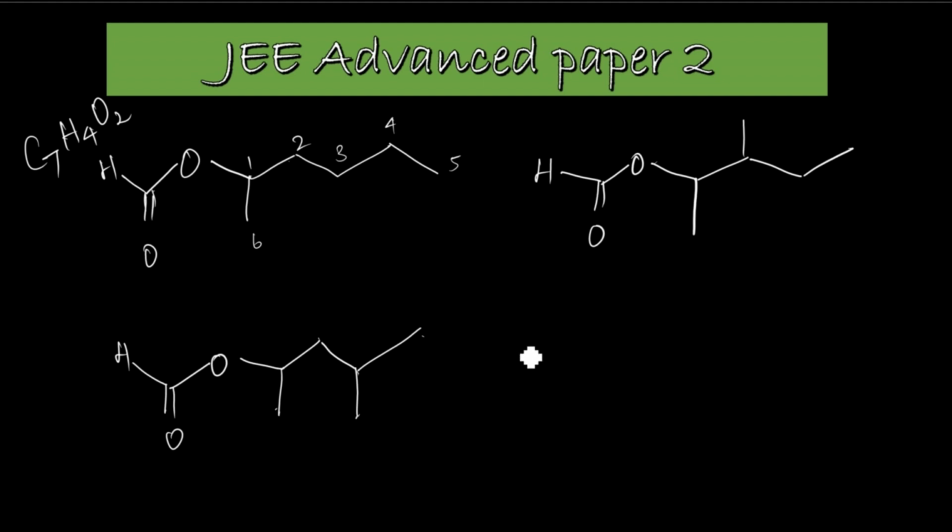Great. Then another possibility would be substituted on the same carbon. Correct. So having it like this. So 1, 2, 3, 4, 5, 6. Okay. This side I'm having hydrogen.